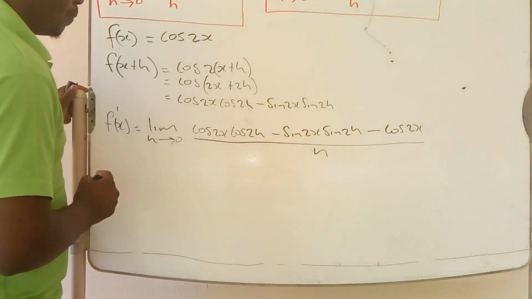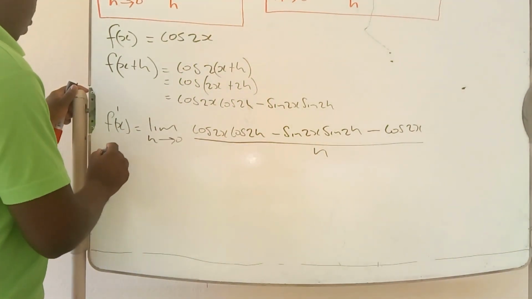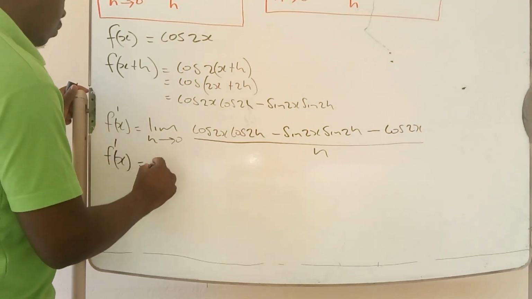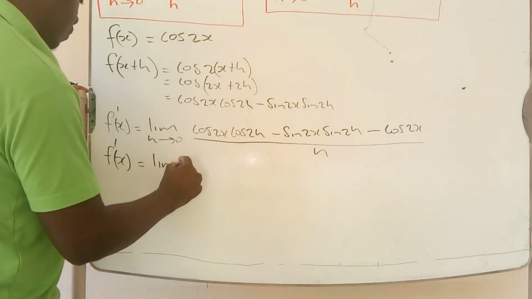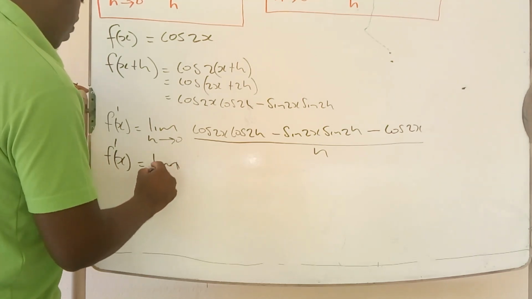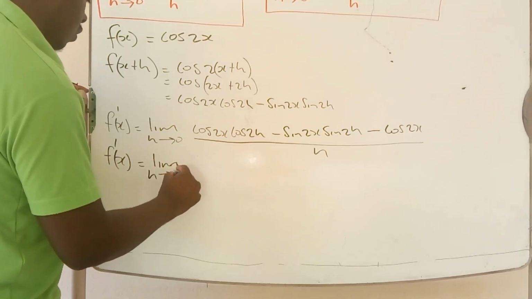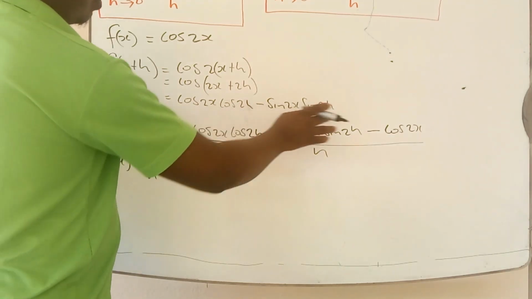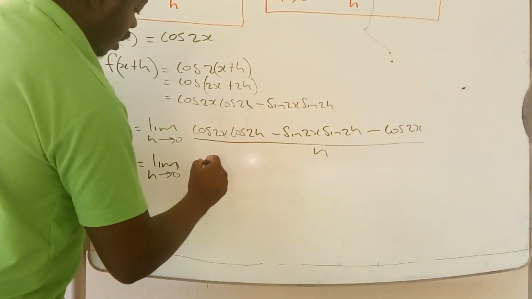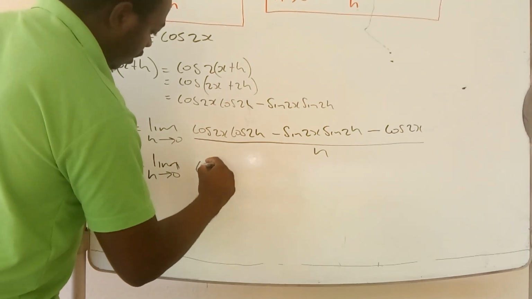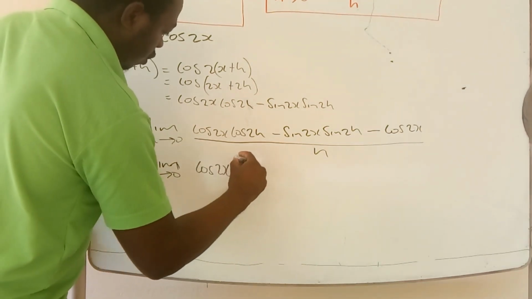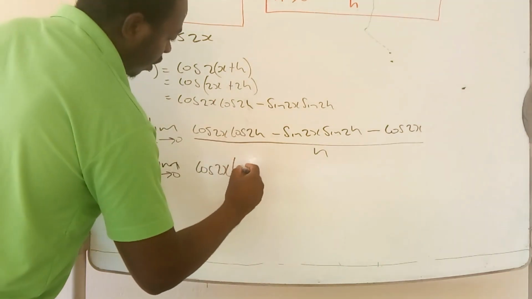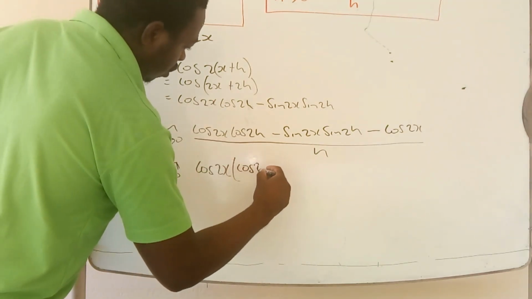h, right? So the derivative of f of x is equal to the limit as h approaches 0. If we factor out a cos 2x, we have cos 2x, open bracket. Factor out cos 2x out of the first term, we are left with cos 2h.